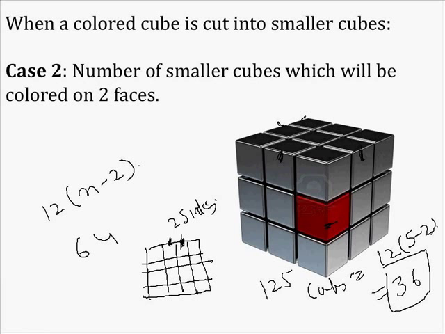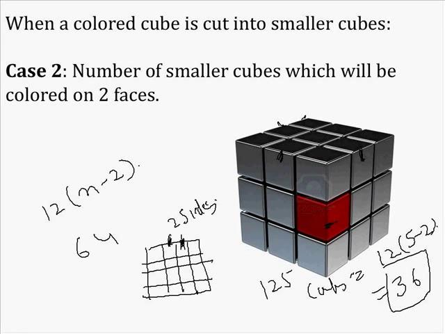Just say yes or no, whatever it is. Nipesh, what have you missed? Nipesh, the formula is for each edge. On each edge, the corners are colored at 3 places. Now what happens, except corners, all others, the number will be n minus 2.